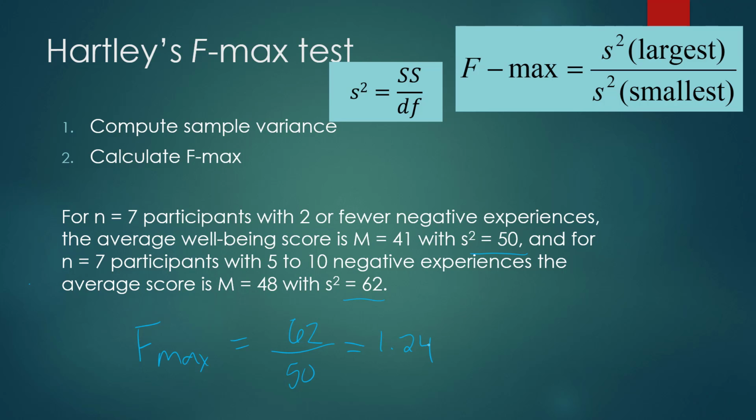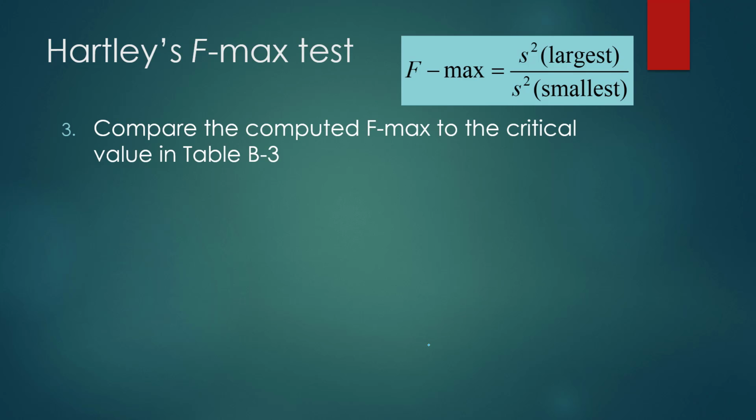So now what we need to do is compare the computed Fmax ratio, which was 1.24, to a critical value. In order to get the critical value, we need a few things. We need to know the number of separate samples. In this study, we have 2 samples.